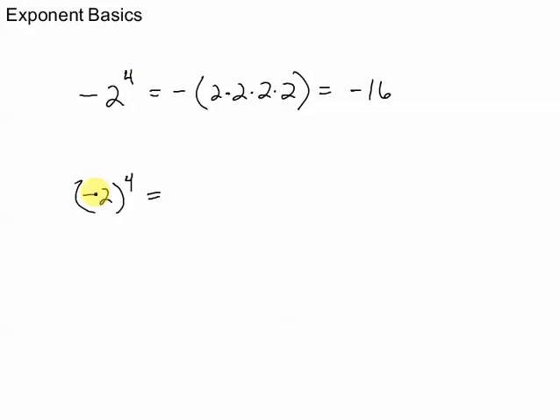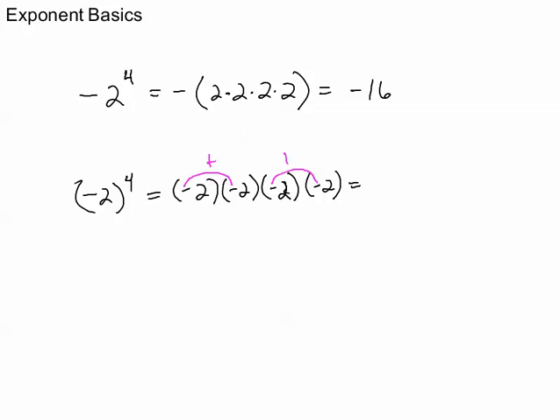Here, the negative is part of your base, so this means negative 2 times itself 4 times. So the negative is multiplied as well. And you may already know this, a negative times a negative is a positive. Those two negatives will give you a positive. And a positive times a positive is a positive. So this whole thing is positive.